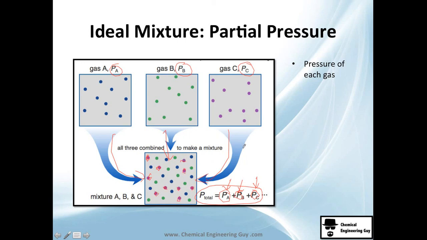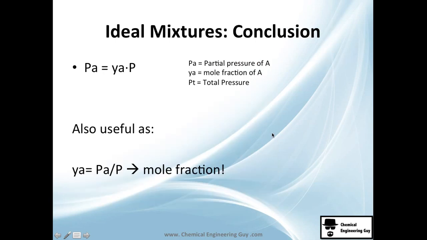They are 1/3 of the composition, so 1/3 of the pressure makes sense. Now, by conclusion, just so you understand, you have this equation. Partial pressure of A is here, mole fraction of A is here, and total pressure will be here. It could be either PT or just P.